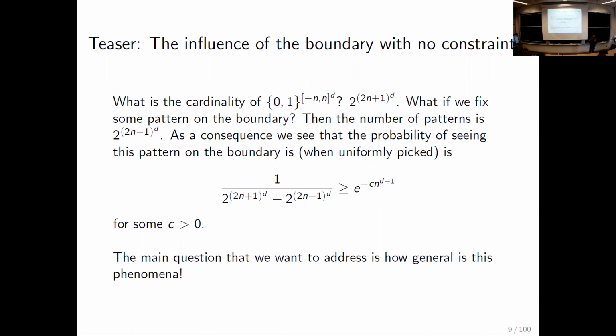I still lose only as much as the boundary, which is exponential in the boundary size. Yes, the boundary is becoming larger, but it's still small compared to the volume of the box. The volume of the box will be of the order n to the power d. The boundary is of the order n to the power d minus 1. And in that sense, the effect is negligible.